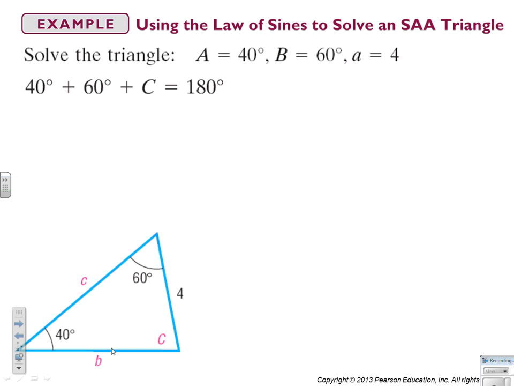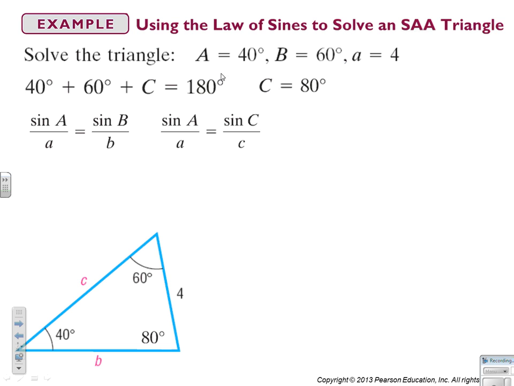So we can find angle C pretty easily. We know that the triangle sum theorem says they all add up to 180. So C has to be 80 degrees. Work smarter, not harder. Don't use law of sines when you can just use the triangle sum.